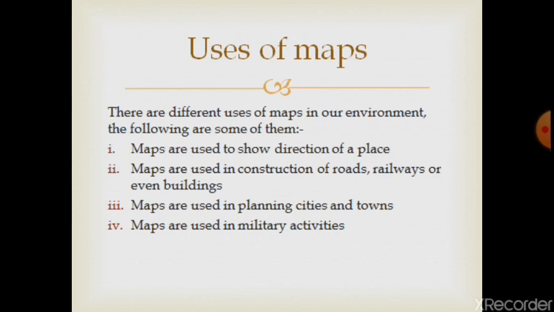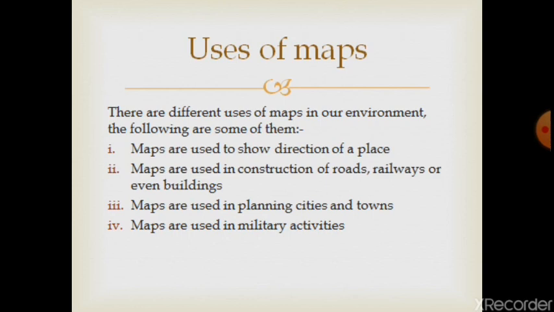Another use, maps are used in construction of different infrastructure, for example, roads, railways, or even buildings. And that's why sometimes you find someone has built a house, and after some time the authority comes and says you have built your house on the road area.